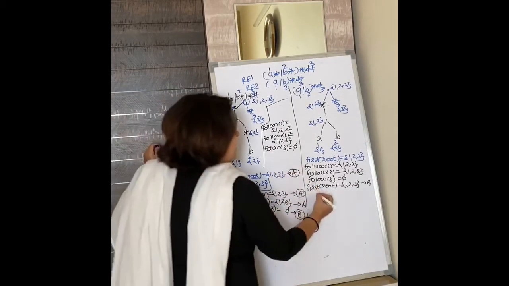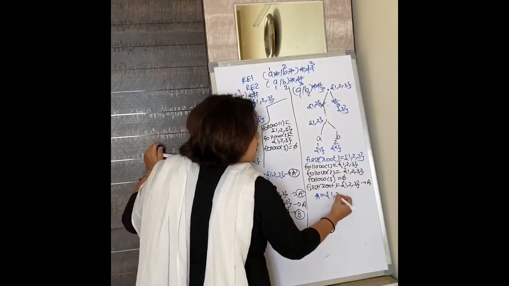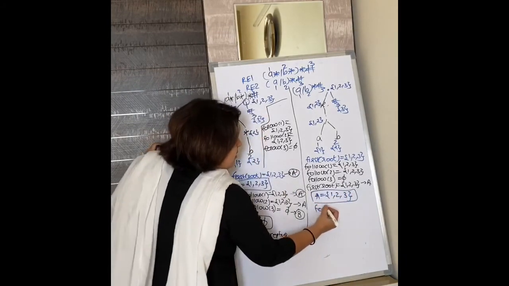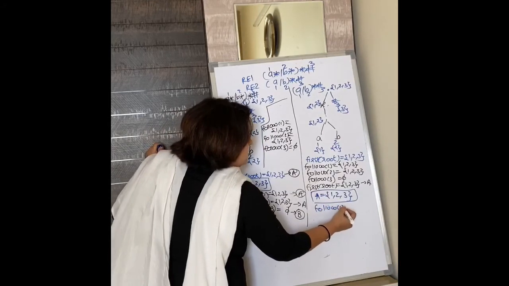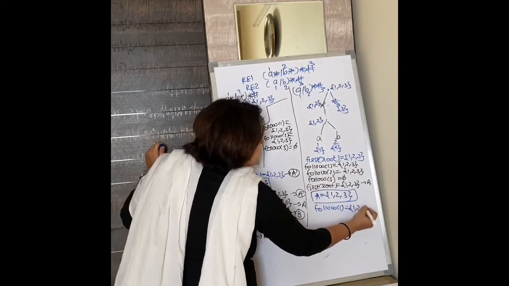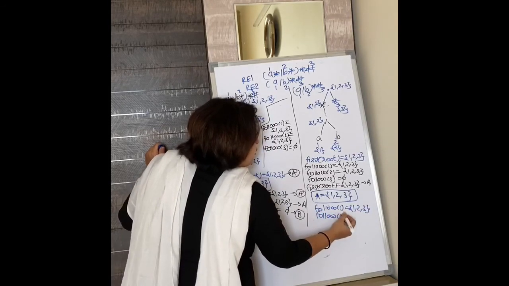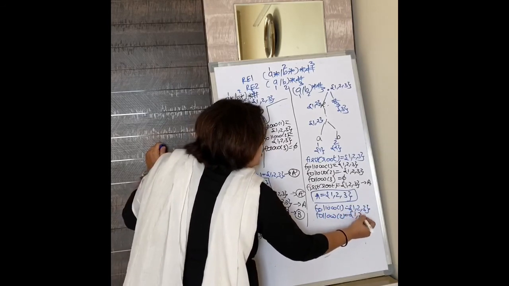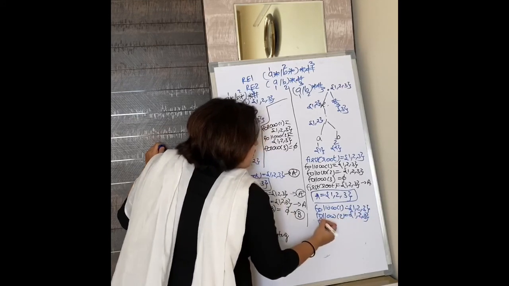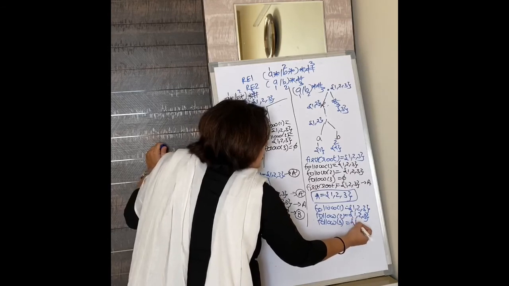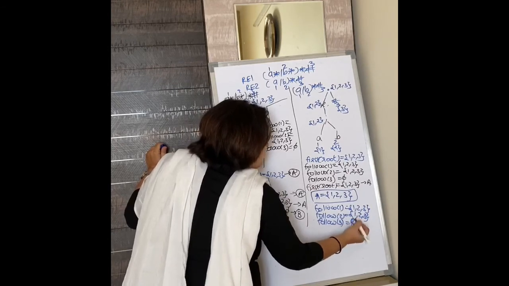A is my set. So A is equal to 1, 2, 3. So again, follow of 1, which is 1, 2, 3. Follow of 2, which is also 1, 2, 3. Follow of 3 is okay, it is null.